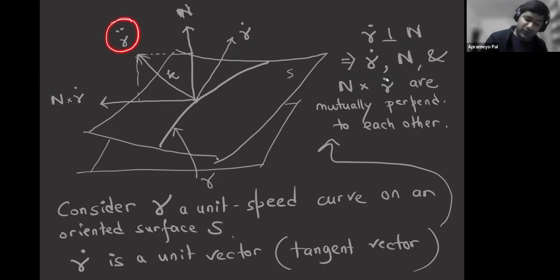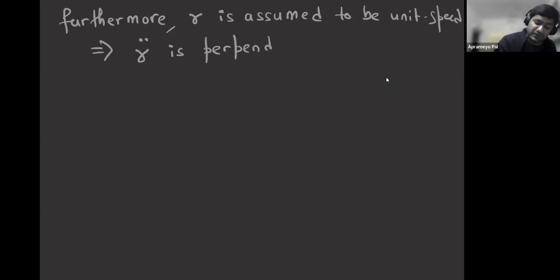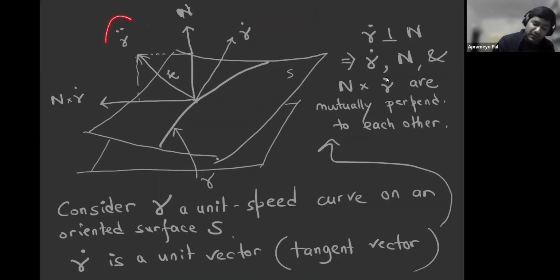Now we will consider gamma dot dot. Furthermore, gamma is assumed to be unit speed. So that means gamma dot dot is perpendicular to gamma dot. Now, if gamma dot dot is perpendicular to gamma dot, then what?